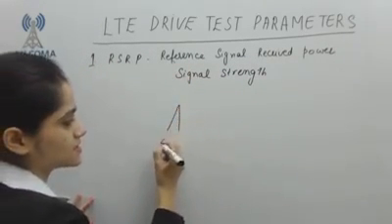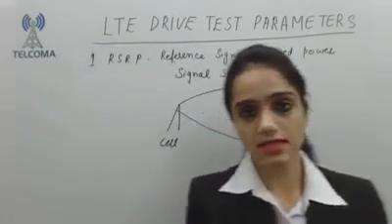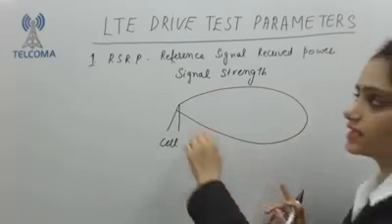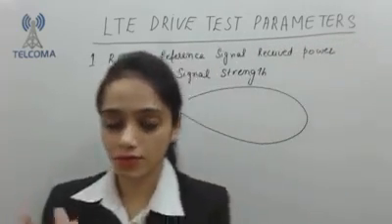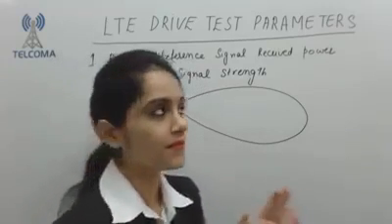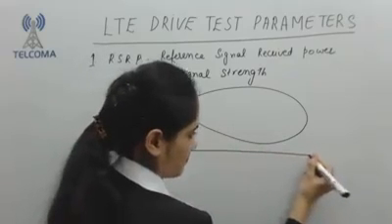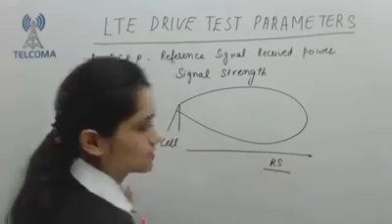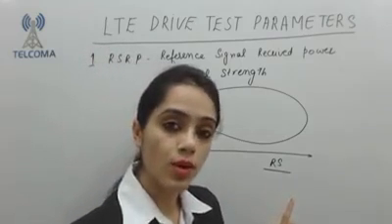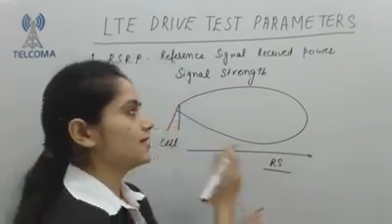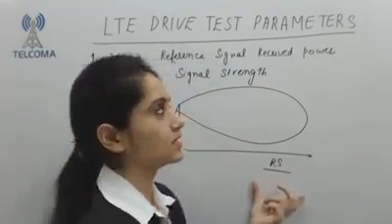If this is the LTE cell, it is radiating power with its reference signal, as reference signals are there for power calculations and not channels. Through the reference signal we are getting the broadcast channel, that means we are getting the coverage area because of the reference signal.